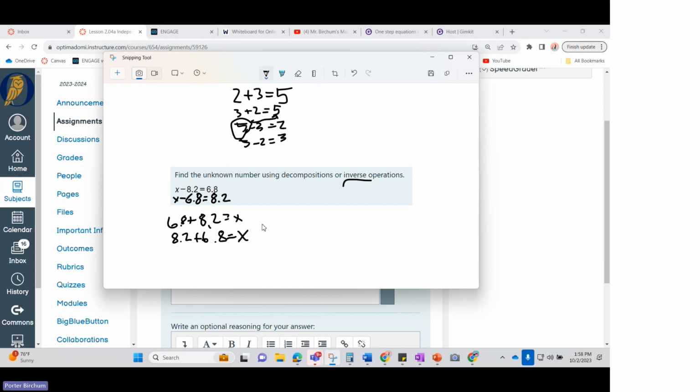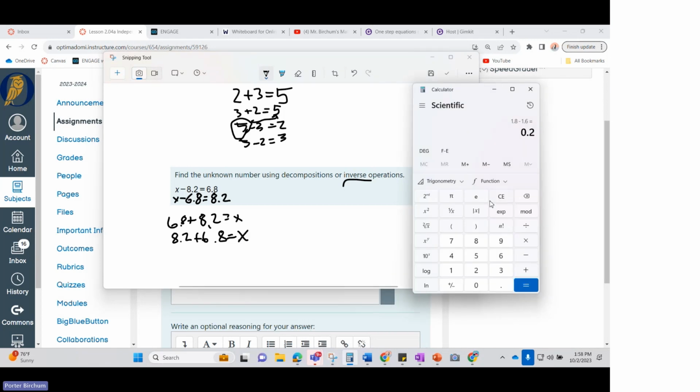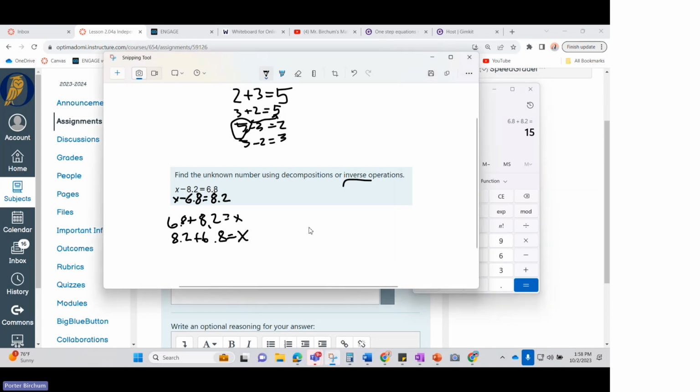We can type either of those in our calculator. Sorry if the penmanship isn't the best, but you'll live. 6.8 plus 8.2 equals 15. x equals 15. Let's just double check that.